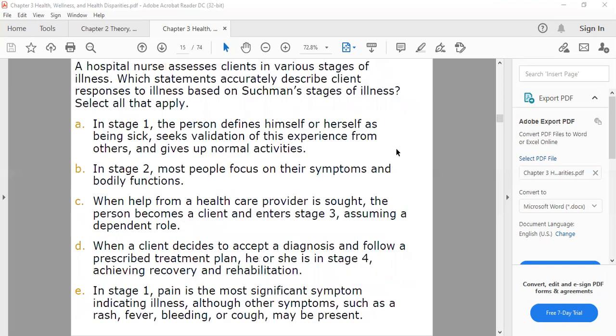A hospital nurse assesses clients in various stages of illness. Which statements accurately describe client responses to illness based on Suchman? So which ones of these are true? Read them all out. B is true.